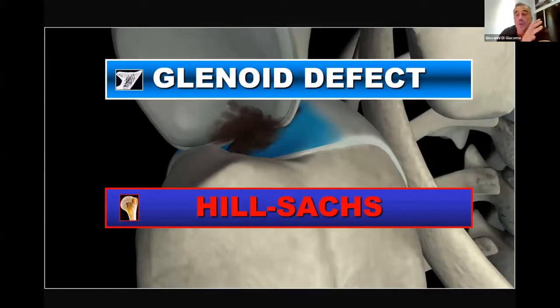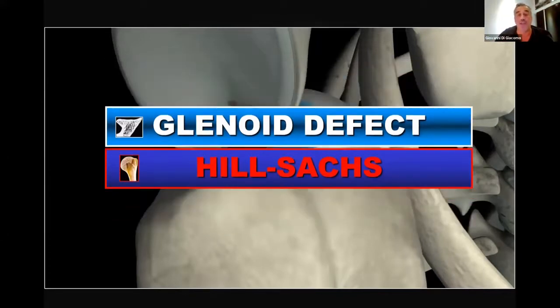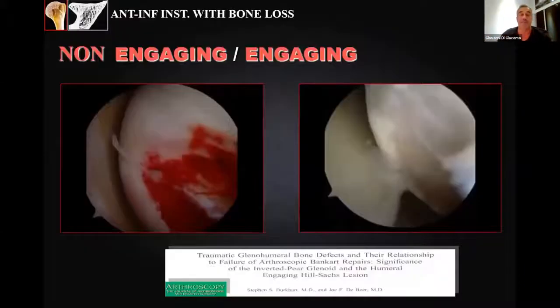We think that when we speak about glenoid bone loss or Hill-Sachs lesion, we have to study the interrelationship of these two bone lesions. So never study alone the glenoid defect. There is no sense to study only the glenoid defect or only the Hill-Sachs. We have to look in a very dynamic interplay how these two lesions interfere with each other.